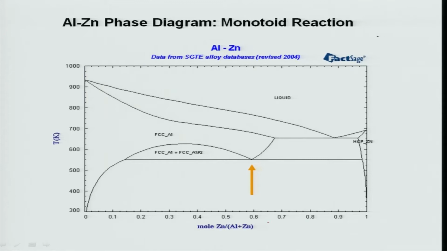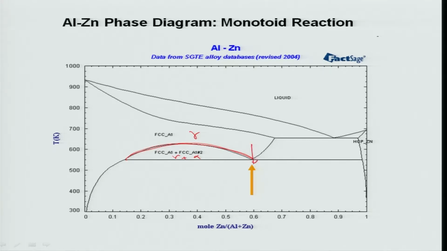Well, let me now give you monotectoid reactions, which is seen in the aluminum zinc system. You can clearly see here, this is FCC, suppose this is gamma, and this transforms to these two solid phases. Basically, this is a dome, similar to monotectic reactions. This is a dome like structure, and within that dome a phase separation happens between gamma and another phase, let us suppose alpha.